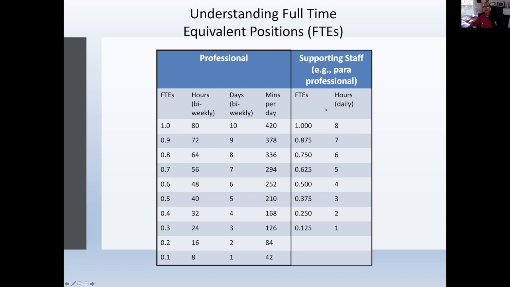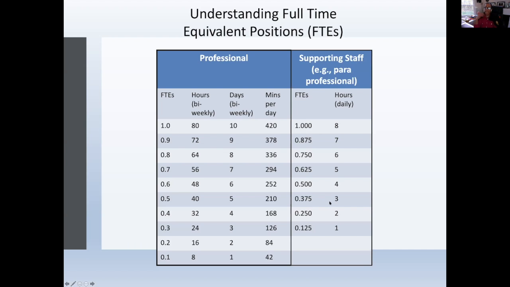Now, if we have supporting services staff, for example a paraprofessional that helps, their FTEs can be quantified also as full-time and also in increments, as you see here. The staffing in terms of hours is done on a daily basis.